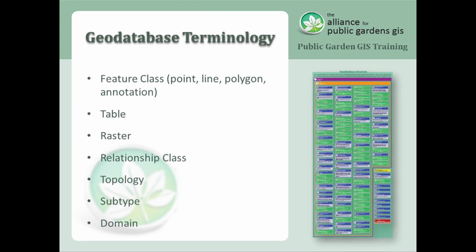Another important object is the relationship class, and those are symbolized in green in the diagram at the right. Relationships are between two different feature classes, or a feature class and a table, or two different tables. They can come in several different varieties, but I'll give you an example first. A mass planting, or a group of plants that we have out in the garden. Say we have a group of plants that are too complex or dynamic to map as individuals.